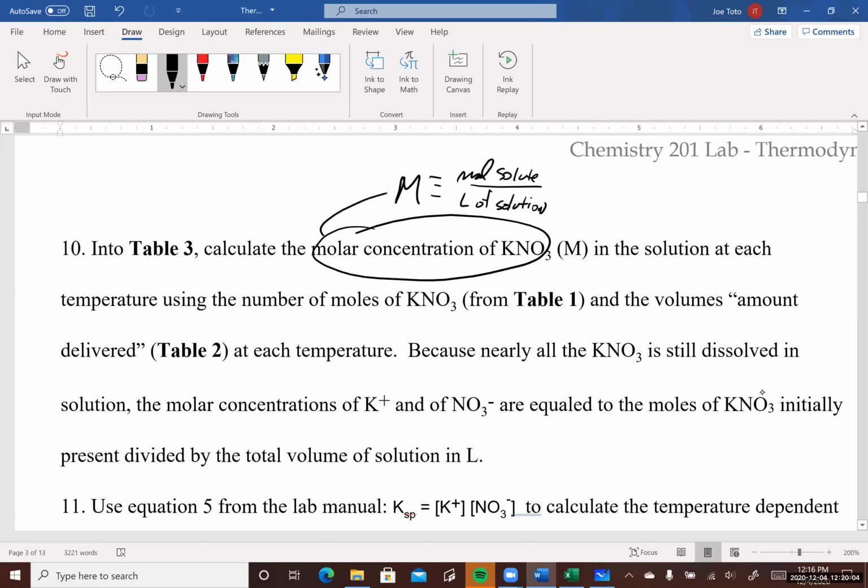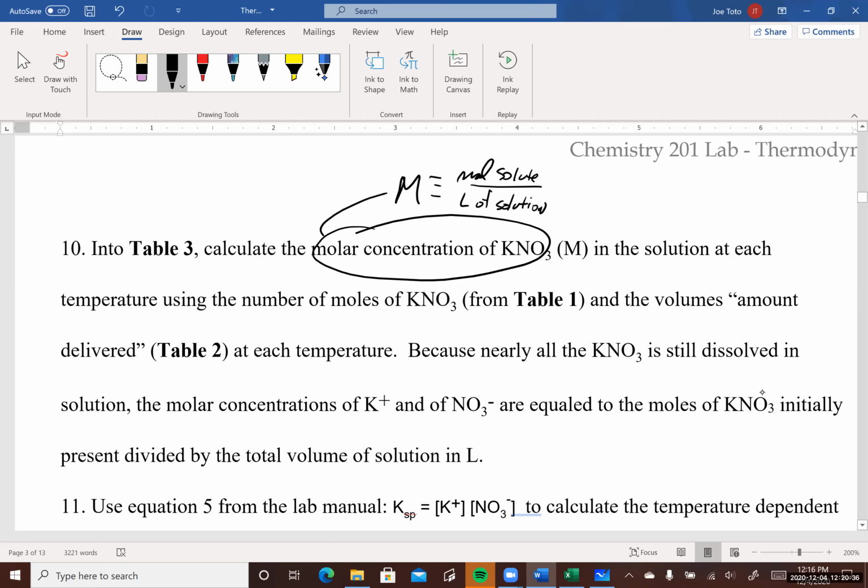I think in the Excel spreadsheet, let's just pop that up and look, we have, yeah, so the amount delivered for that run 1 case is final, which is 15.05 minus initial 0.00, so it's just 15.05 milliliters was the total amount delivered of water.